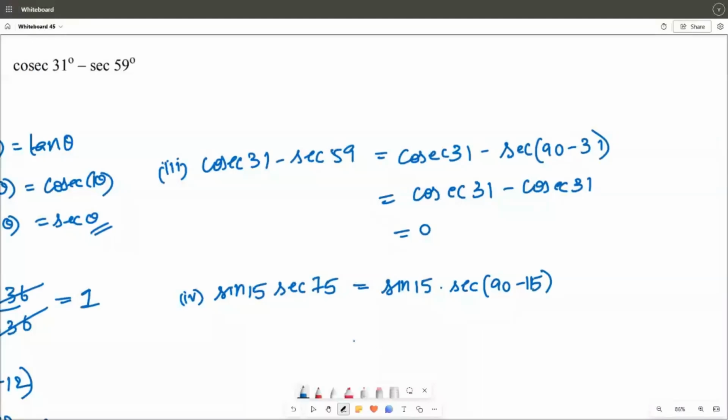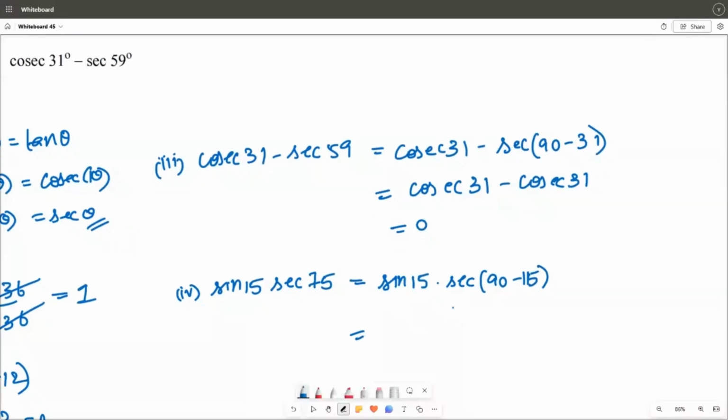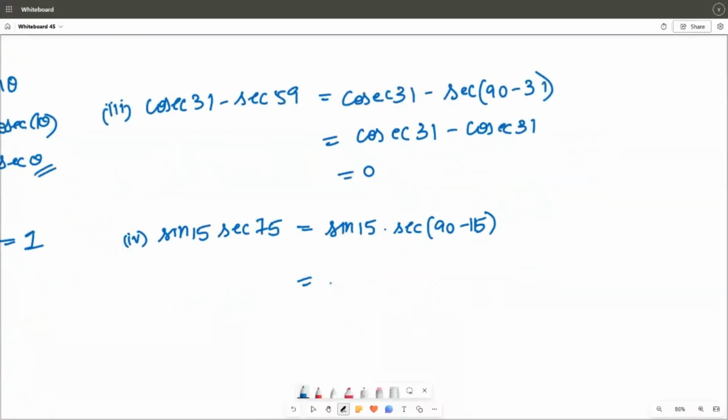So secant 90 minus 15 is cosecant 15. So let's substitute it. Sin 15 into cosecant 15, and we know that sine and cosecant are reciprocals. So therefore cosecant theta is equal to 1 by sine theta.